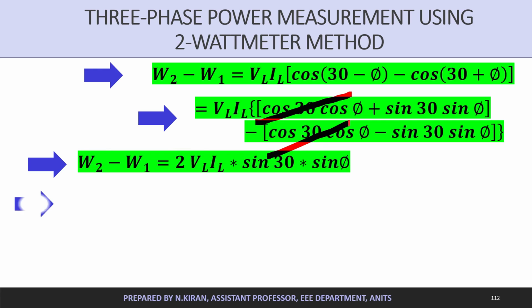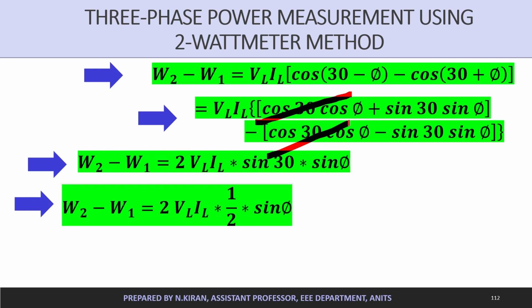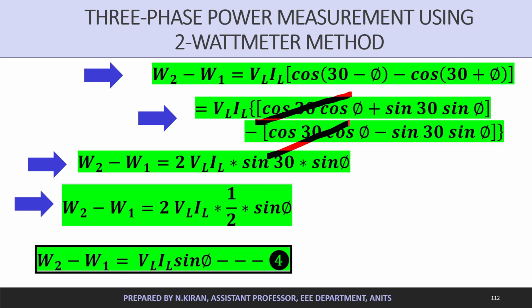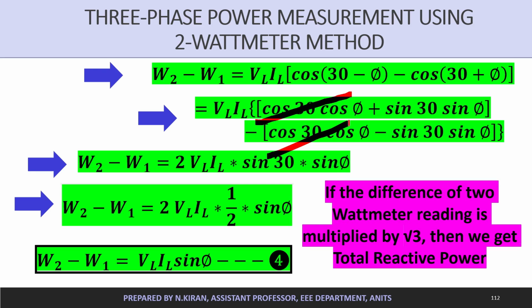Sin 30 is 1 by 2, which will give me W2 minus W1 to be VLIL sin phi. Hence I can conclude that if the difference between the 2 wattmeter readings is multiplied by root 3, that is root 3 VLIL sin phi, it indicates the three-phase reactive power.